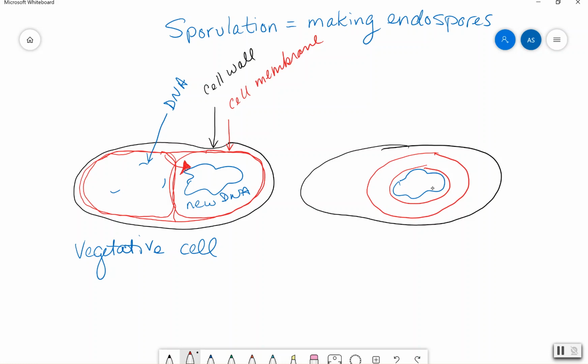So I have DNA surrounded by an inner membrane and an outer membrane. And so now these are going to be called the inner forespore membrane. Some really bad handwriting. And the outer forespore membrane.